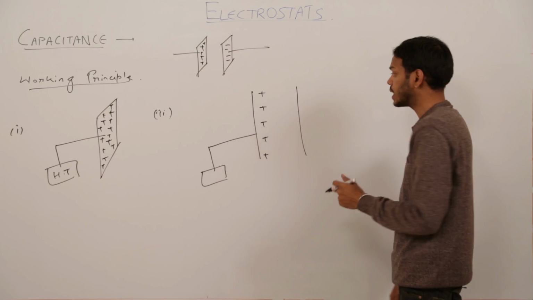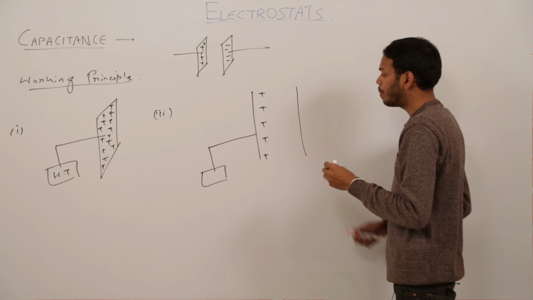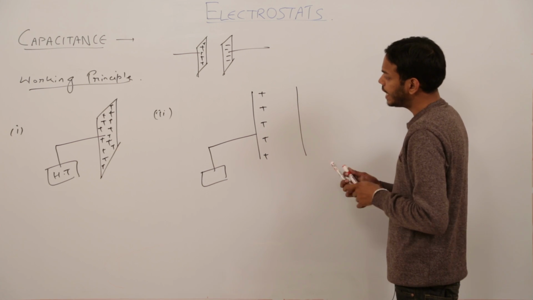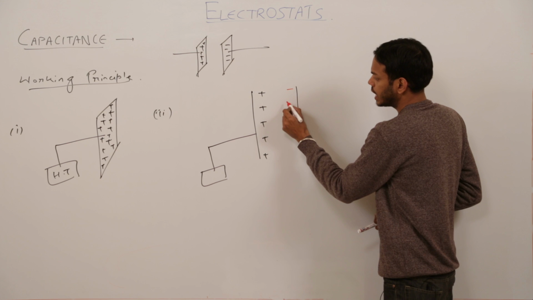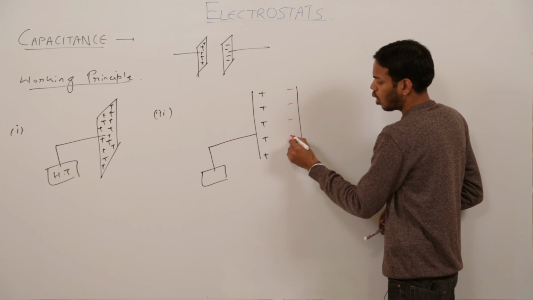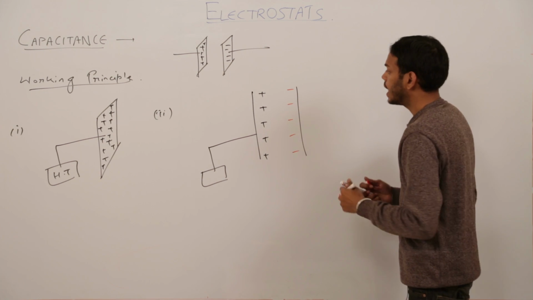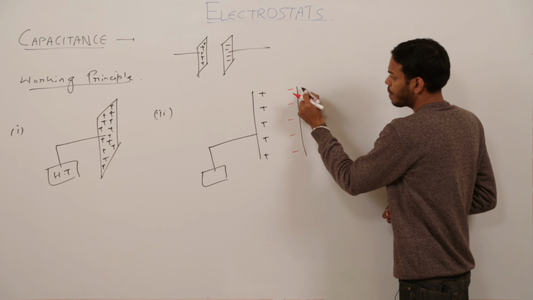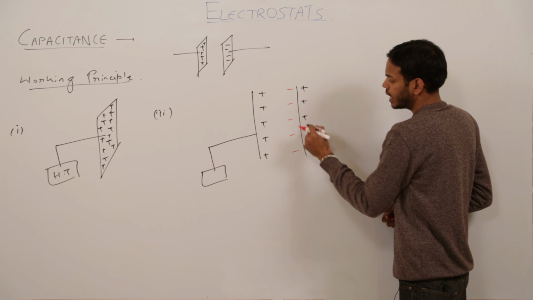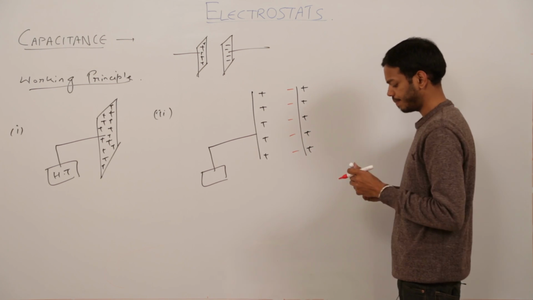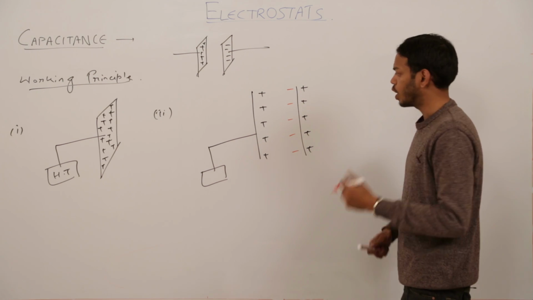By the process of induction, an equal and opposite amount of charge will get induced on this plate, right? Equal and opposite amount of charge. And an equal and similar amount of charge will get induced on this side. Now what?